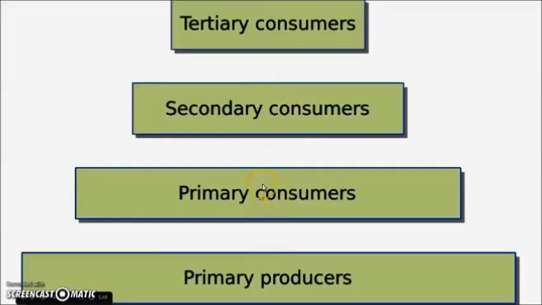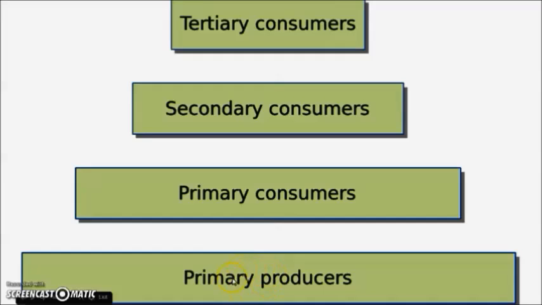Secondary consumers eat the primary consumers. And tertiary consumers eat the secondary consumers. All of these organisms require energy and matter to live, and they get their energy and matter from the previous level, except of course the producers, who get their energy from the sun and their matter from the air and the water and the soil.